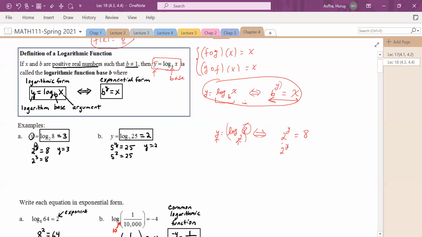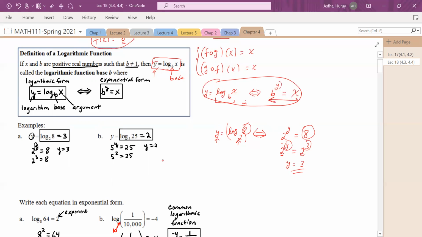Okay, this is what we have. Then 2 to the power of y equals, now we write 8 in exponent form, and 8 means 2 to the power of 3, right? Therefore, we have the same base, 2, and we have y and 3. Therefore, if these two are equal, then that means y should be 3. Okay, y should be 3.